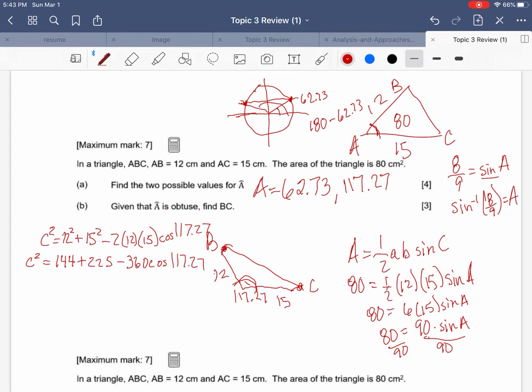So that's 144 plus 225 minus parentheses 360 cosine of 117.27, which gives 533.9463 equals c squared, and then we have to take the square root to get c, which is 23.11.